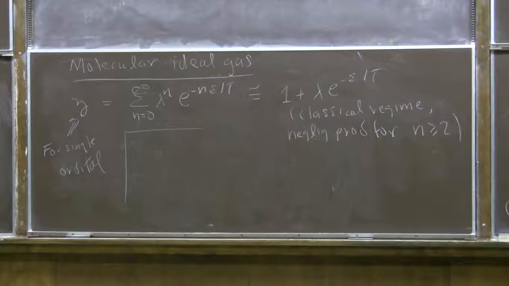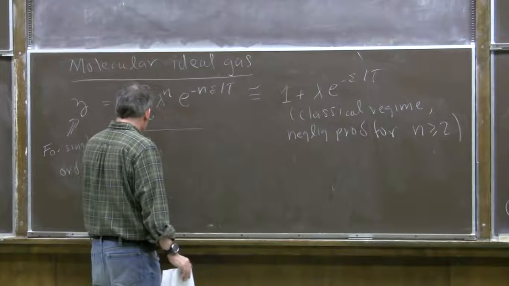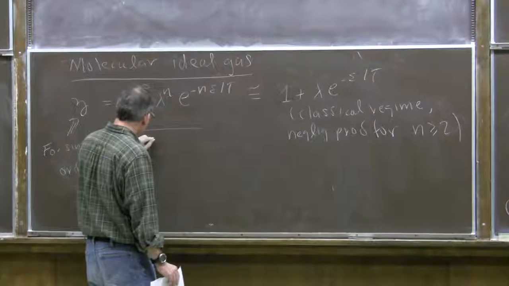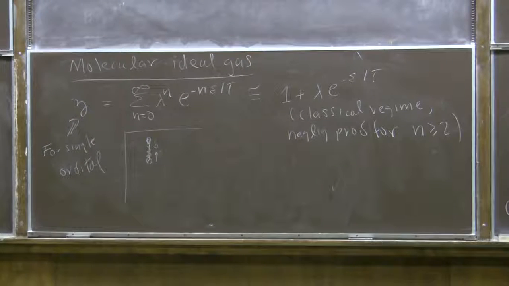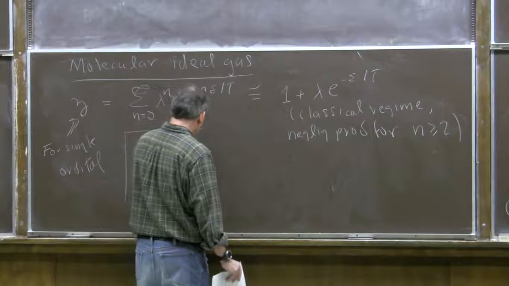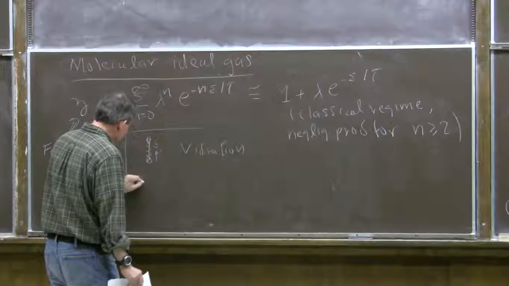For the molecular gas, we have to take into account that the molecules can vibrate. You can think of them, if it's a diatomic molecule, as balls connected by a spring that can vibrate. And they can also rotate.